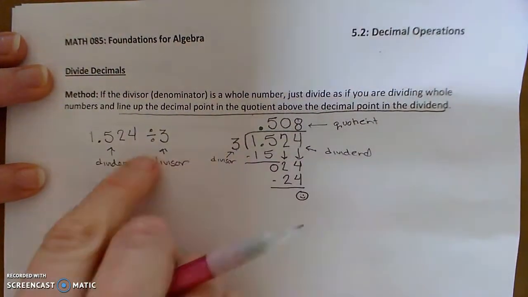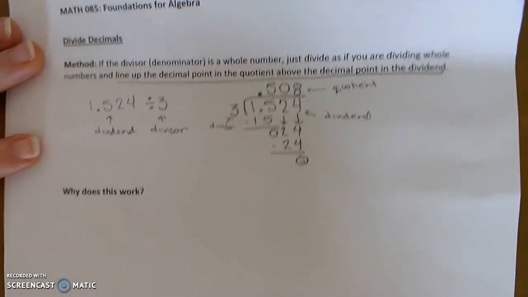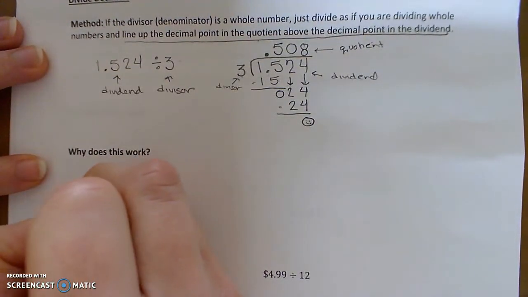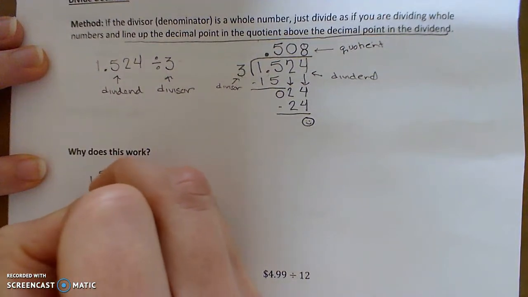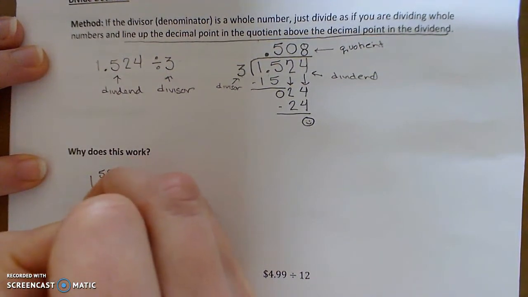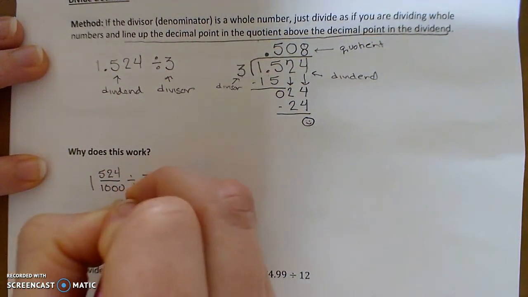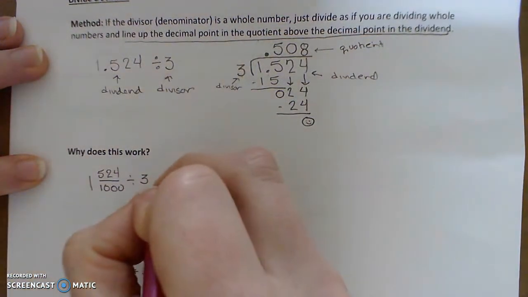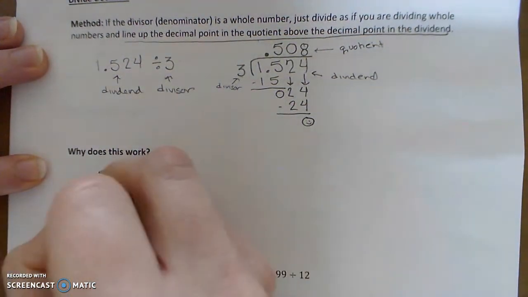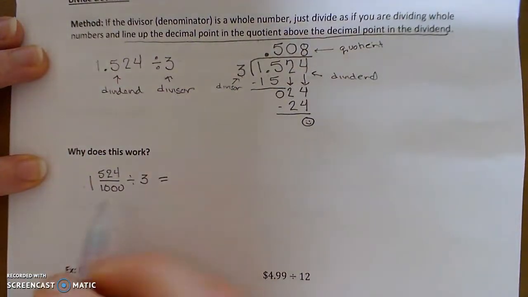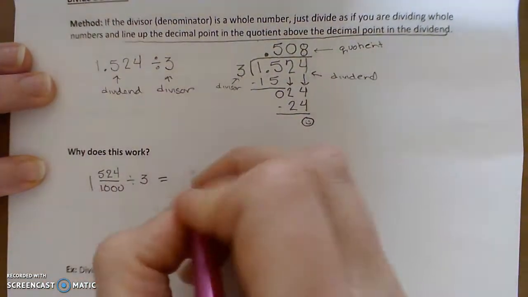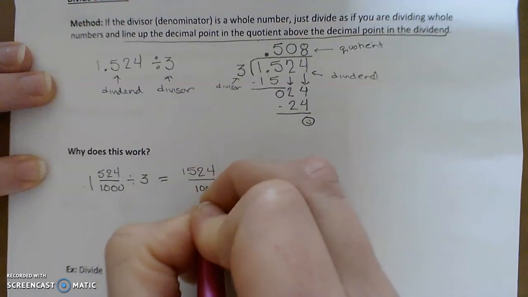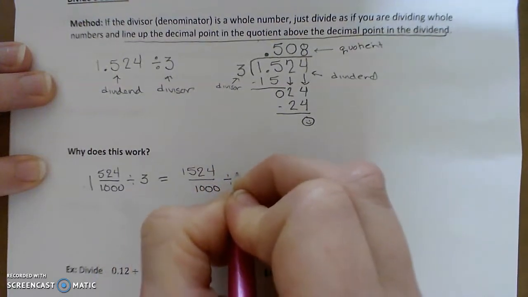Okay, so this works when your divisor is a whole number. Let's think about why that works. Here's my number 1 and 524 thousandths, right? Divided by the whole number 3. Or you could rewrite that, changing this into an improper fraction. 1,000 times 1 plus 524, 1,524 over 1,000 divided by 3.